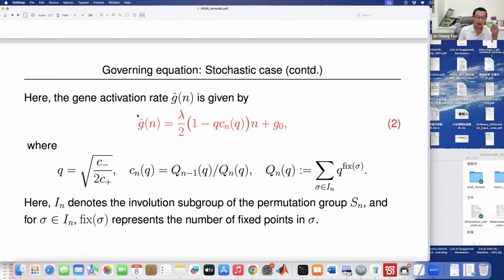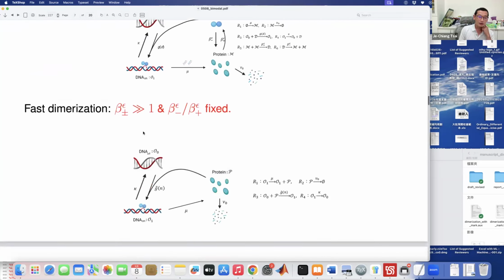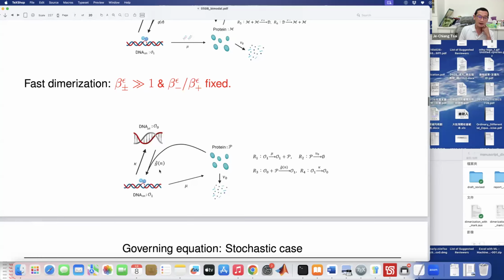So I make an assumption about this activation function. This G hat includes the effect of protein dimerization. So the effect of the dimerization process is included in this activation function G hat.